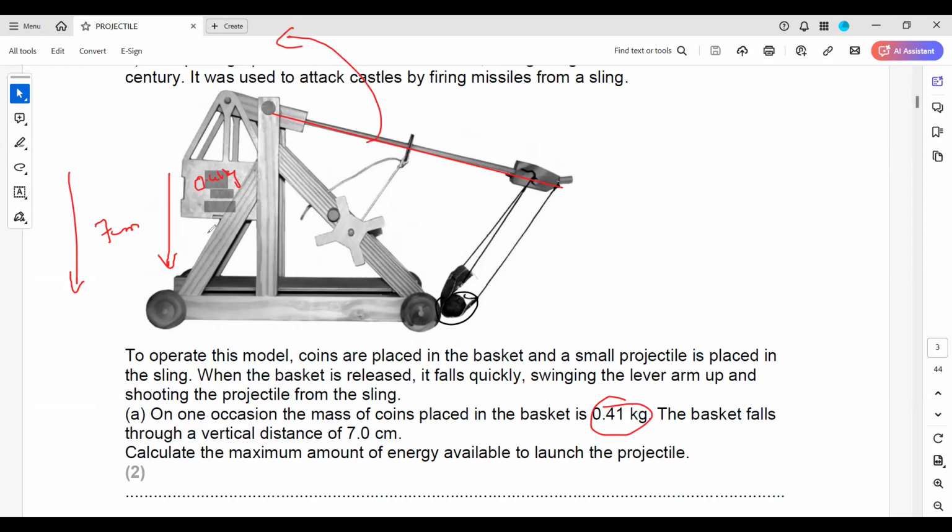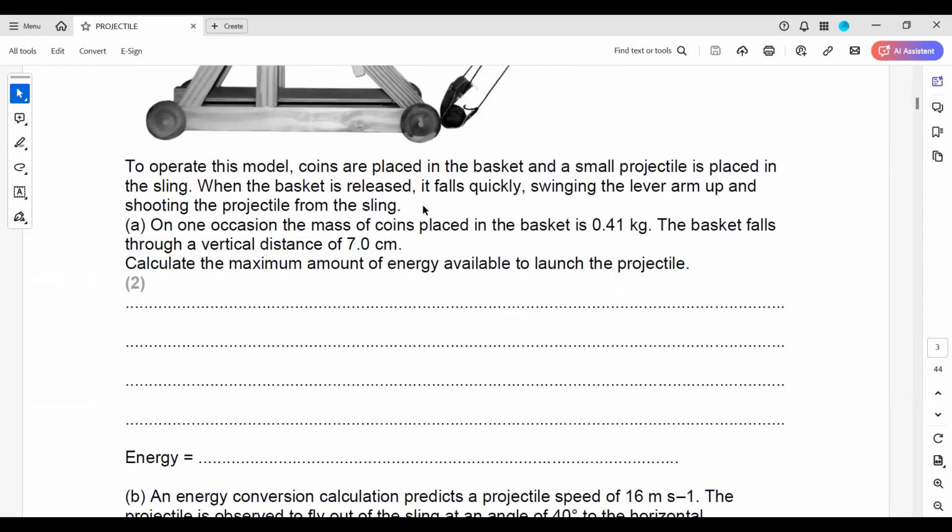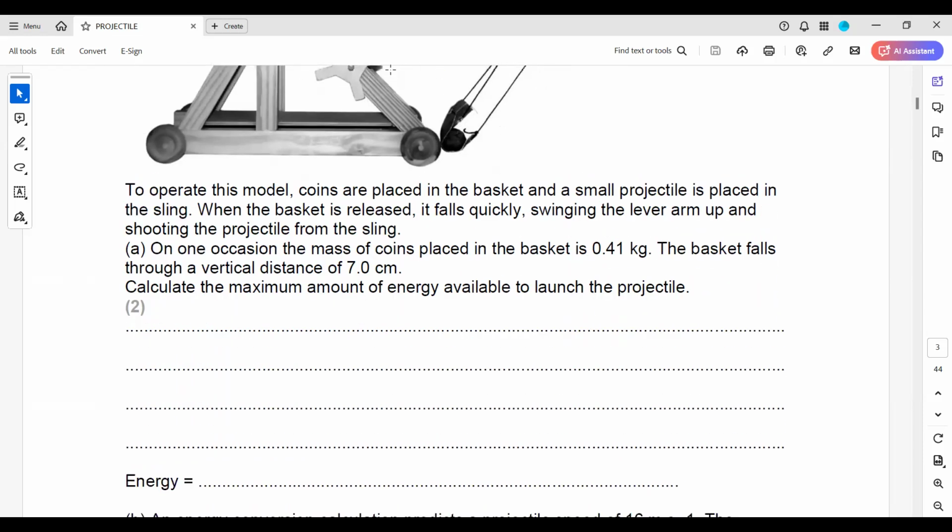So the change in the gravitational potential energy is the energy available to launch this projectile.